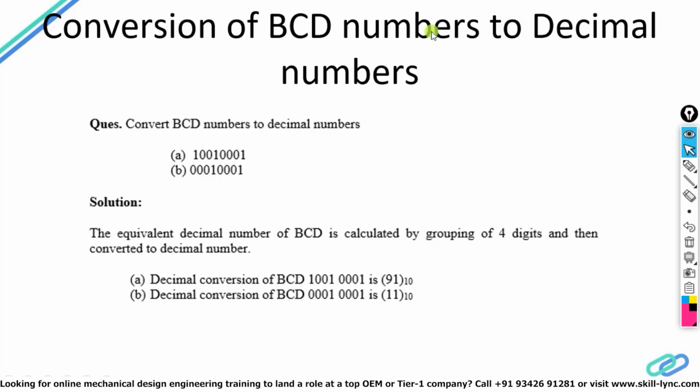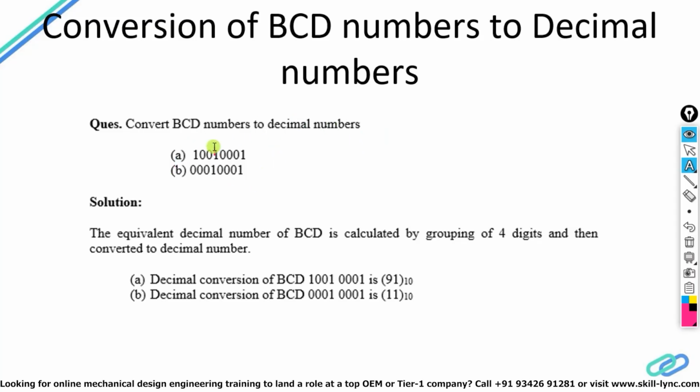Let's take examples. The question is, convert BCD to decimal number system. They have given a number 1001 0001. Whenever you have to convert BCD numbers to decimal numbers, we have to write the corresponding decimal numbers.